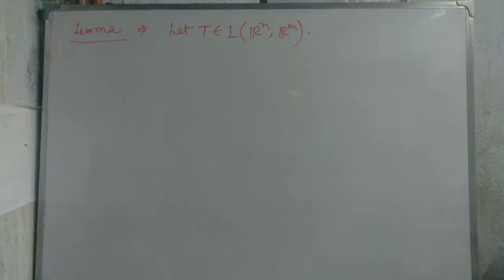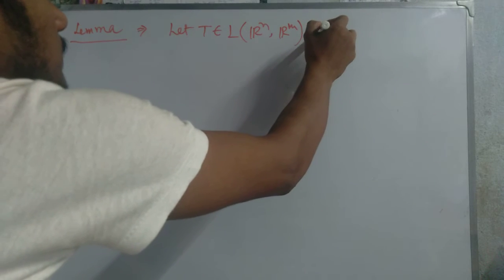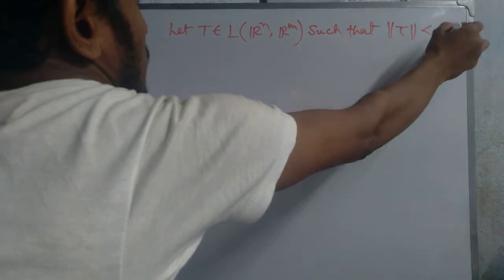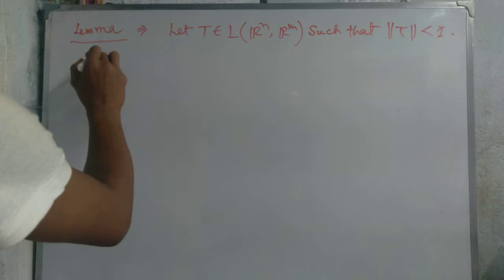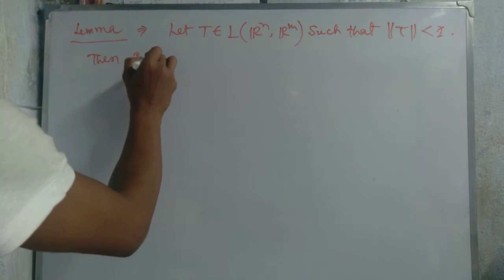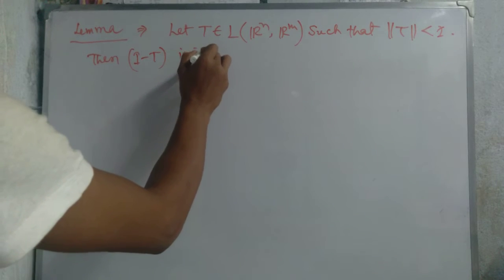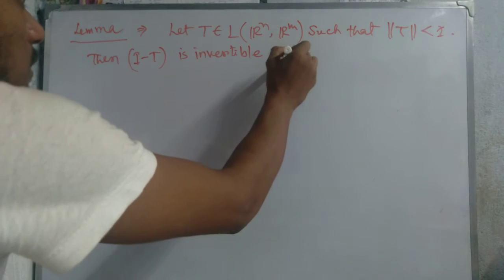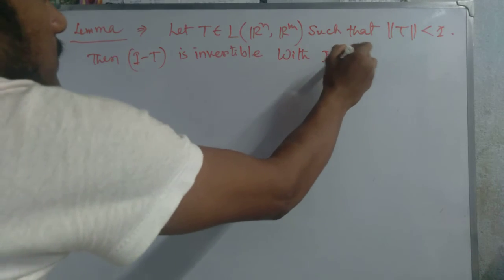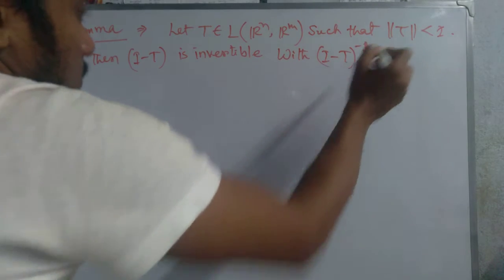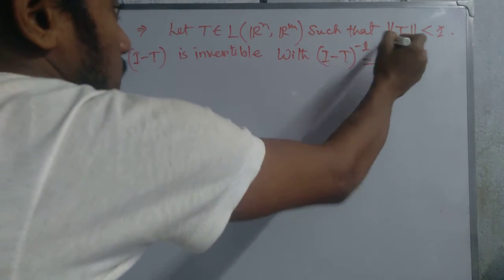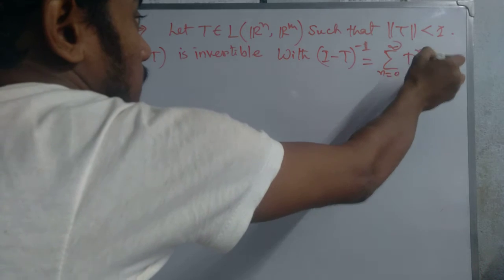That means some operator defined from Rn to Rm such that norm of T is less than 1. Then I minus T is invertible with (I minus T) inverse equal to the summation from n equal to 0 to infinity of T to the power n.